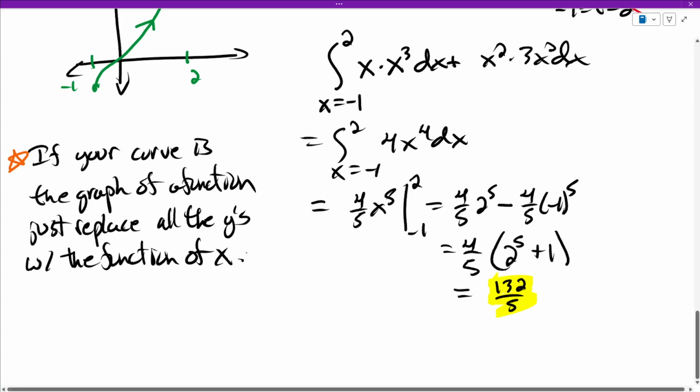If your curve is the graph of a function of y, you do the opposite. You replace all your x's with the function of y.